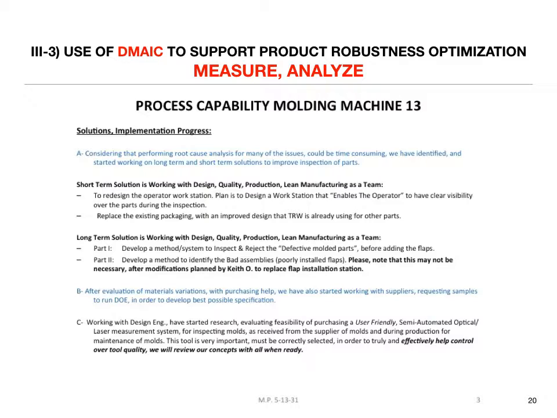We will review the concept with all when ready. Basically, I knew the molds were part of the problem. I studied the molds carefully and identified that part of it was because they didn't have proper equipment to inspect and repair the molds. So I did R&D, found the proper replacement tooling, brought it in, and started the project to work on that.